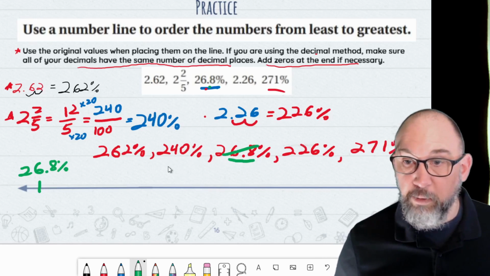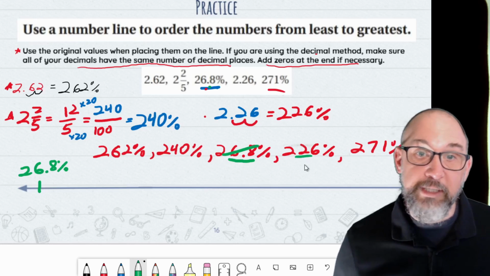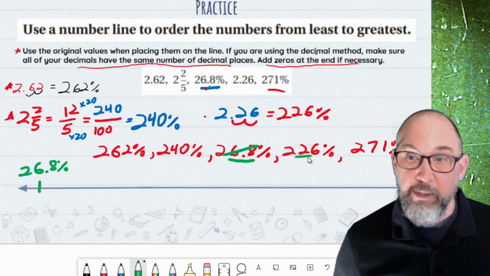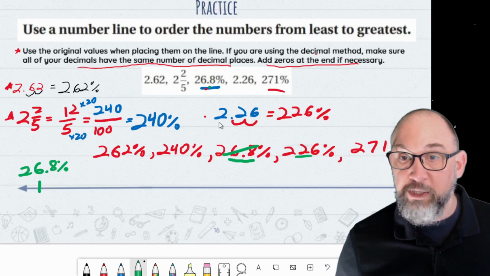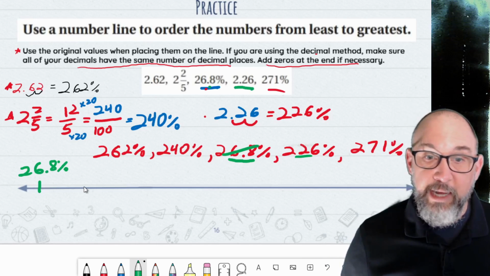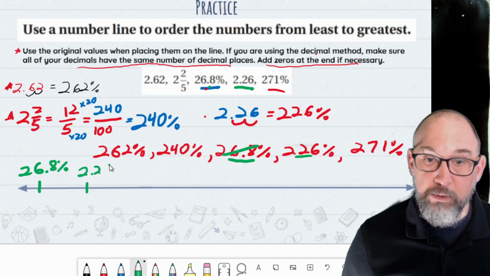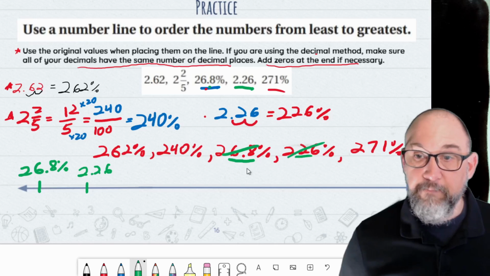Next, going from least to greatest, looking at all of my percentages, it looks like 226% is next. And that original number, remember, was that decimal 2.26. So the next one on the number line is going to be the original number 2.26. So that guy's done.